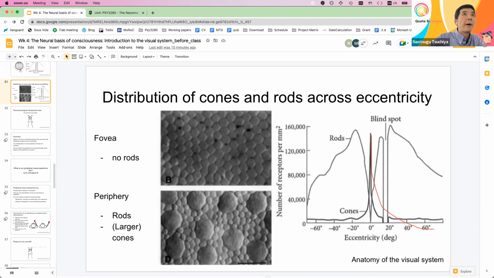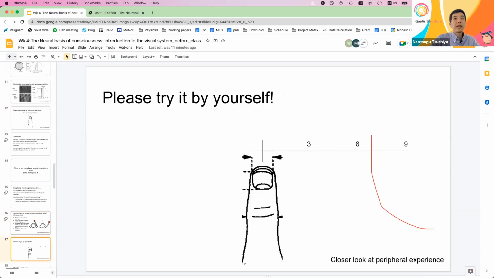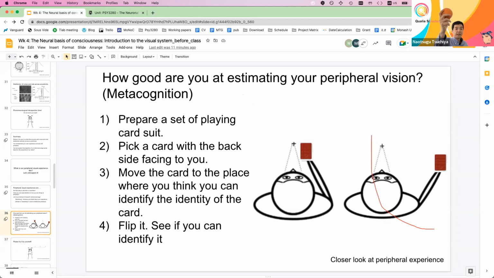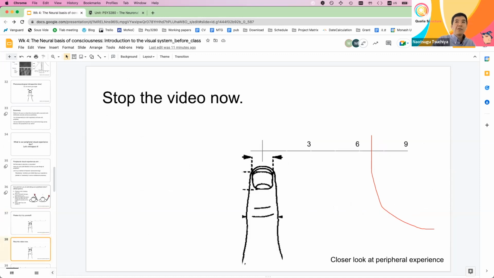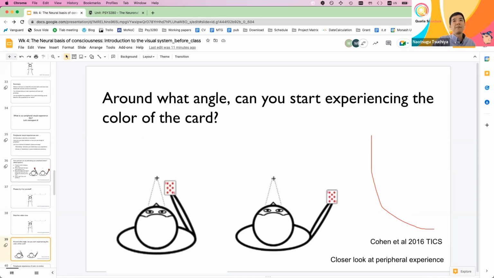That has resulted in this type of demo, where you are told that color is something you lose in the periphery, but your motion is still visible. But as long as you use this kind of large object, if you try it by yourself, it may not be the case.